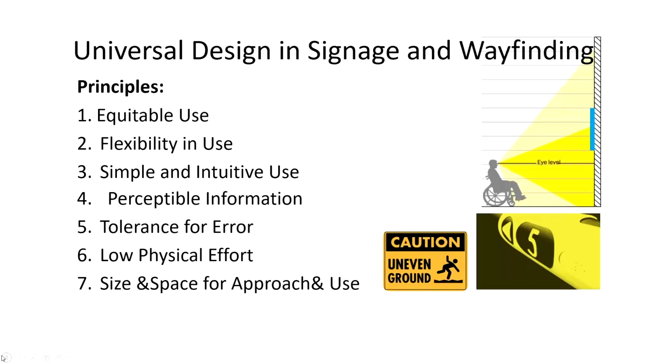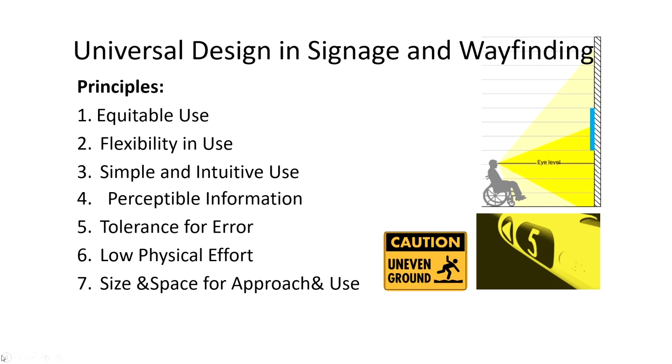We will talk about equitable use. Signages should be usable by all people with diverse abilities, ensuring inclusivity from the outset. This principle emphasizes designing to be accessible for all users, regardless of their physical and cognitive abilities.